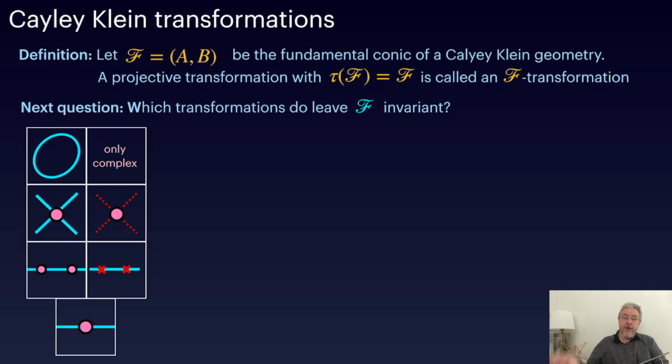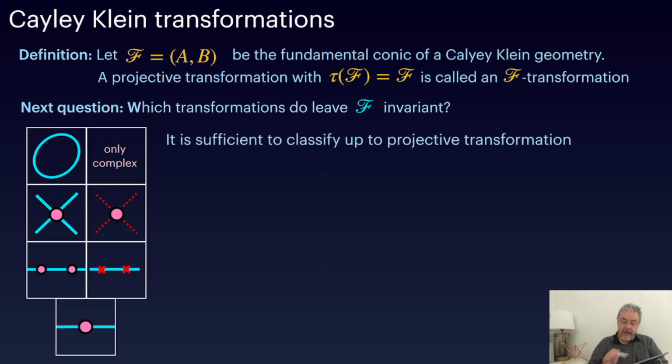Then we transform it to that case, take our classification, and transform the set of transformations back to this arbitrary conic. So you see, it's sufficient to study these cases up to projective transformation, and at least I will show you how these transformations look like for some of those situations.